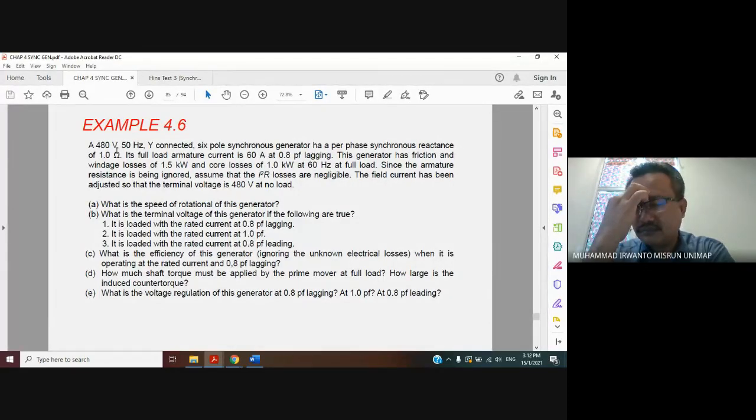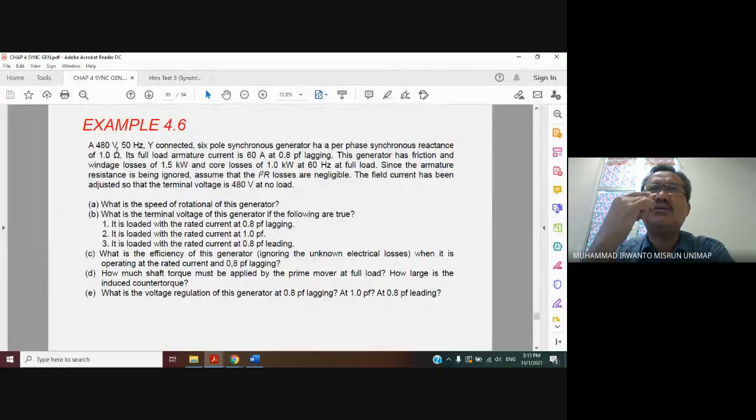Remember that. And then, if we mention line voltage or phase voltage, there is also a relationship between line voltage and phase voltage.